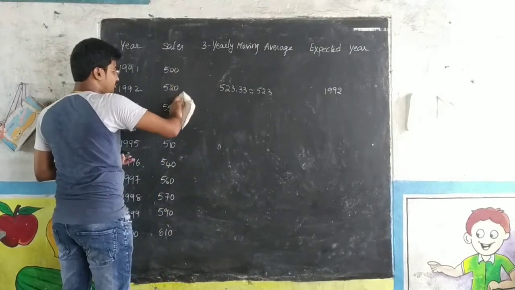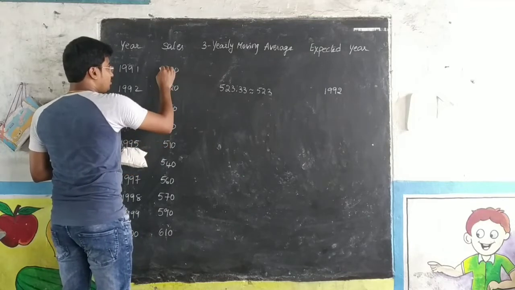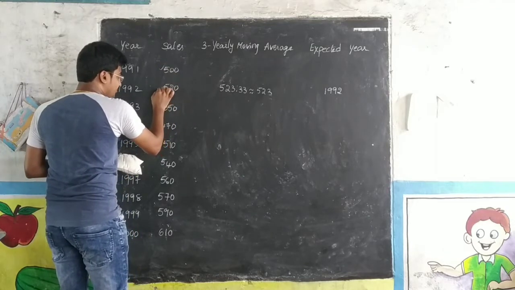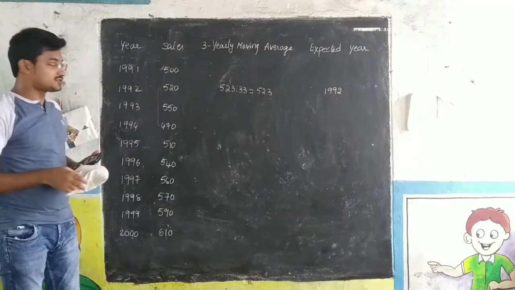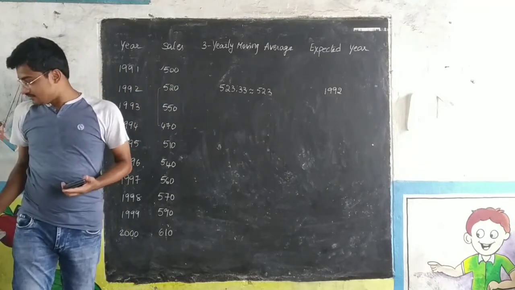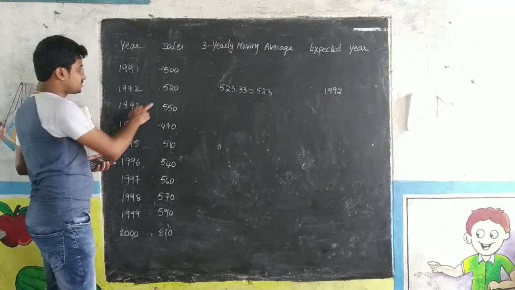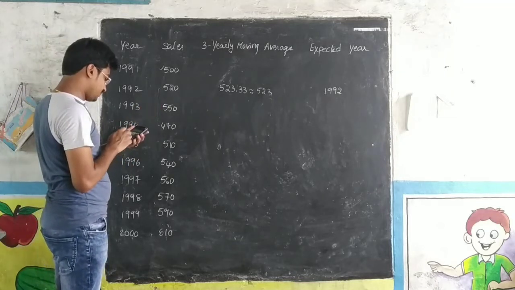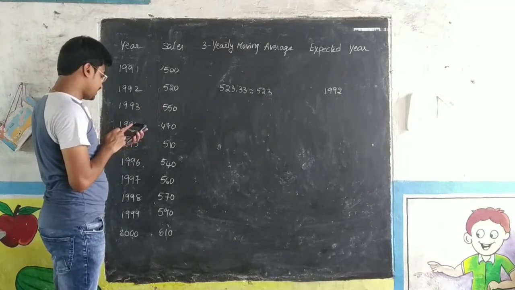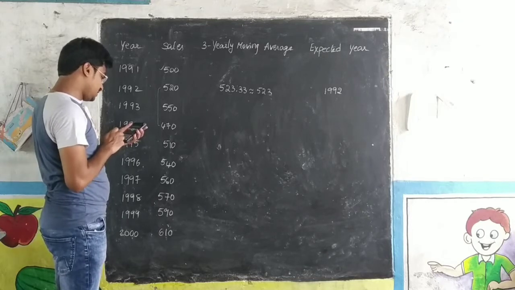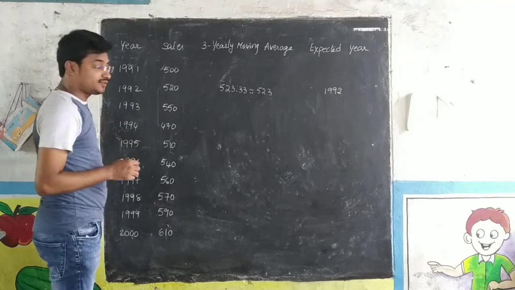Next, omit the first year and take the average of the next 3 years: 520 plus 550 plus 470 divided by 3 is 513.33.